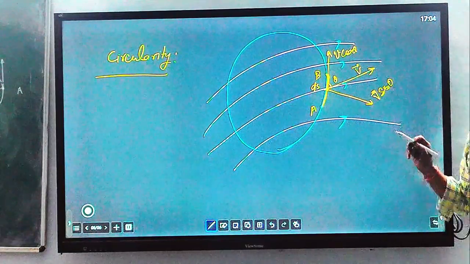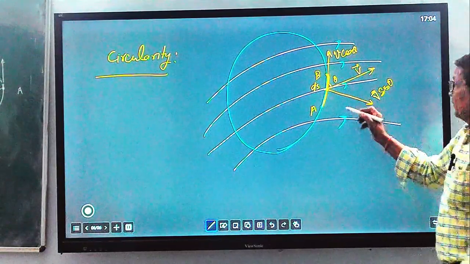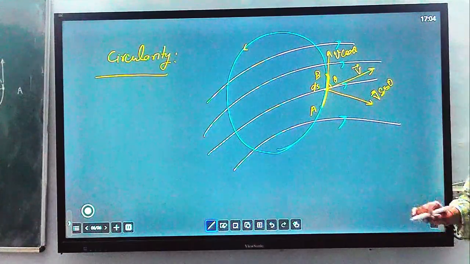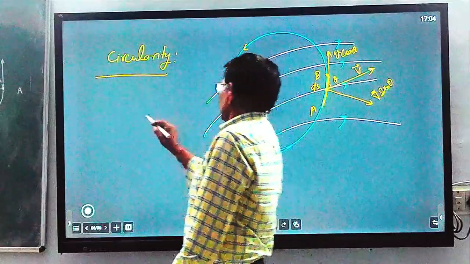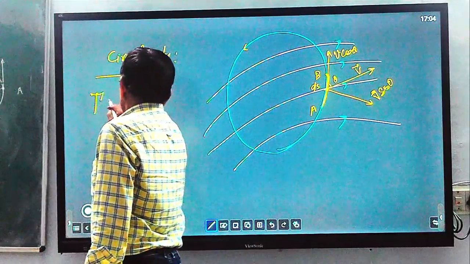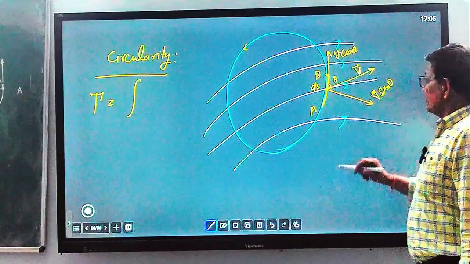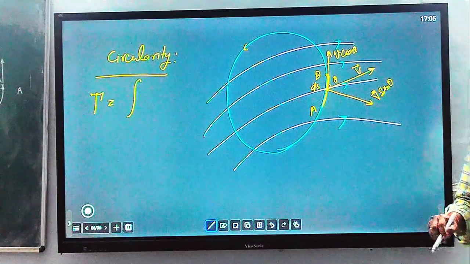V sin theta is not responsible for circular motion. So how do we define circulation? This is the symbol of circulation, which equals the integration of the tangential component over the whole path.